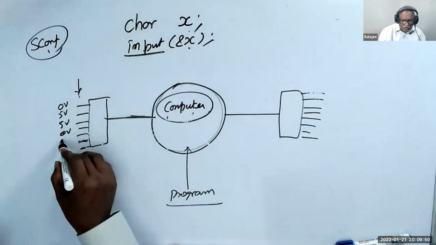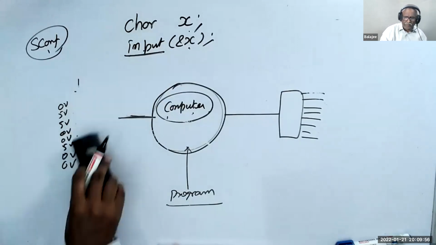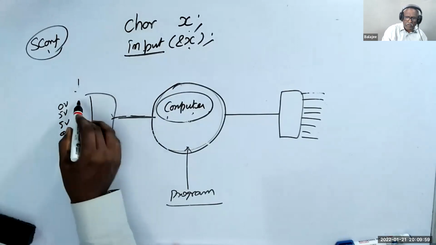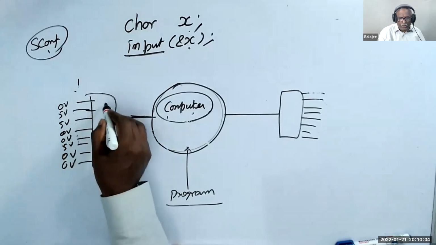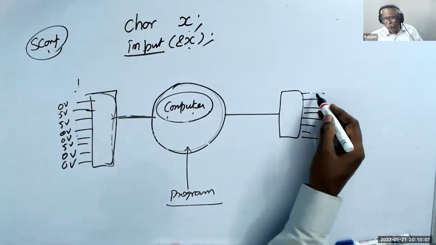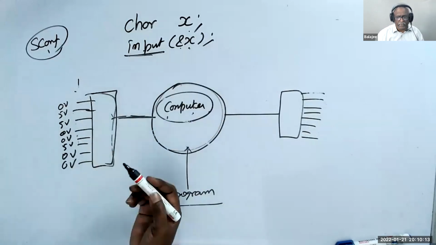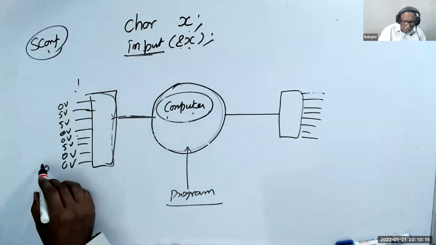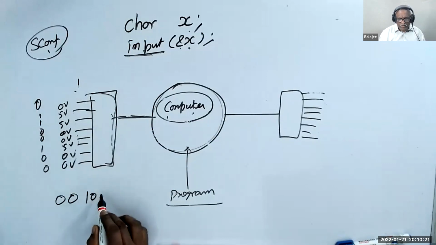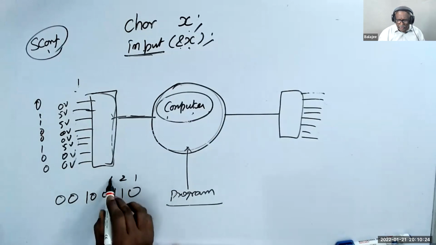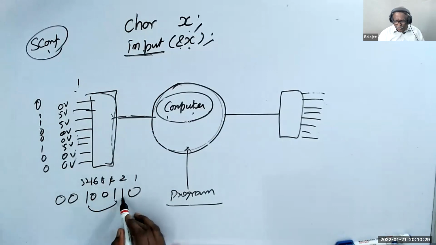Say the 8 pins are 0 volt, 5 volt, 0 volt, and 0 volt, and so on. Let us assume I have only one port, one set of 8 pins. Now, if I say input X, and the pins read 0, 0, 1, 0, 0, 1, 1, 0, with weights 1, 2, 4, 8, 16, 32, that means 32 plus 4 is 36, plus 2 is 38.